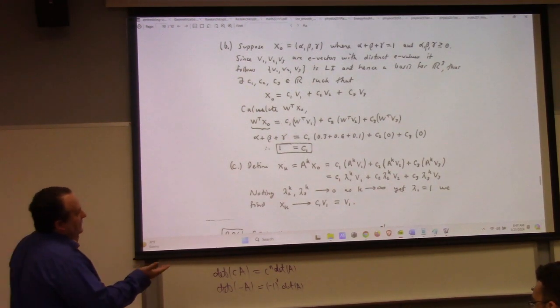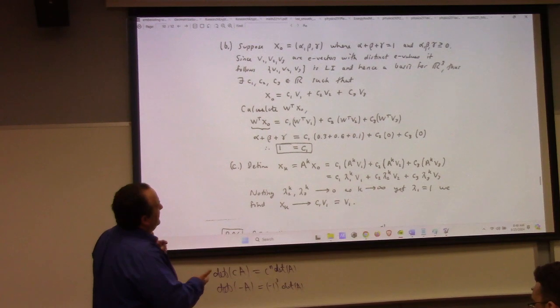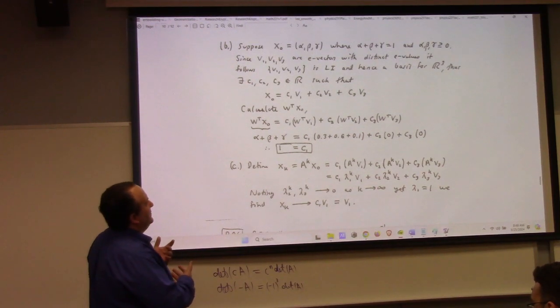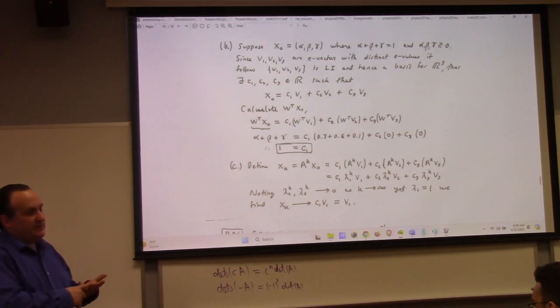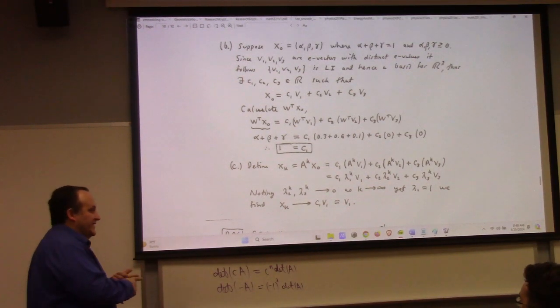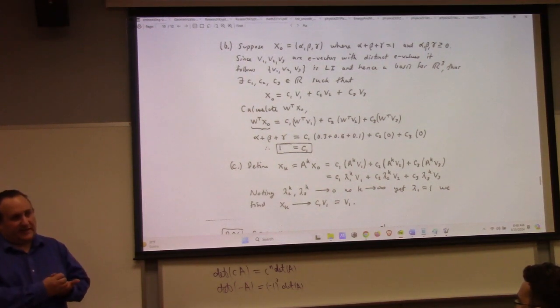But anyway, when I calculated, so you guys might have a better argument than I do. I don't know. I mean, basically the argument for me why there exist C1, C2, C3 is just that you've got v1, v2, and v3. They're eigenvectors. They have distinct eigenvalues. One of the theorems that I told you guys is that if you have distinct eigenvalues, you've got linearly independent eigenvectors.